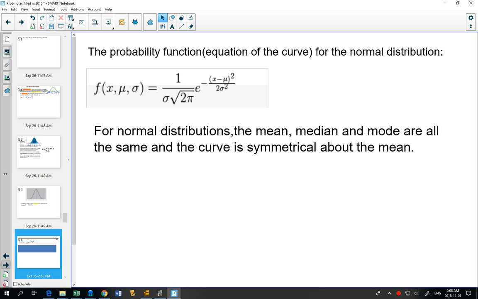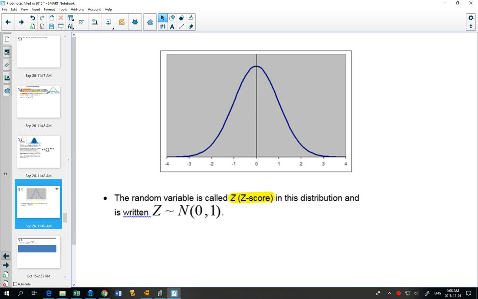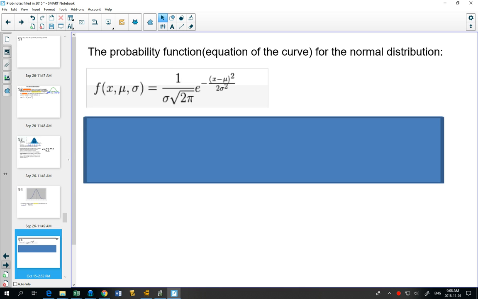So if you wanted to graph that curve, you would have to type this into your calculator. Of course, in this case, the mean was 0. The standard deviation is 1. So you'd plug in all of the values. And it's got a nice formula. Hey, it's got e and pi in it. So if you ever wanted to graph it, you could. You'd have to type that into your graphing calculator, into the equation.